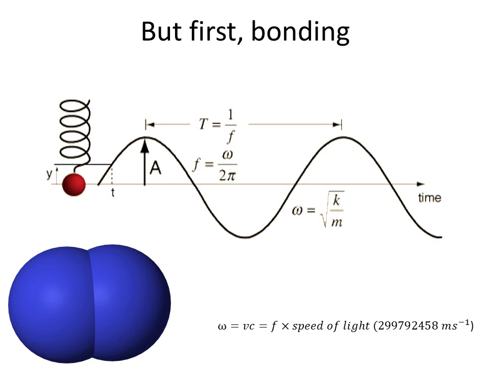Now, that waveform through time, that vibration, can be characterized in terms of a frequency. So the frequency f is the wave number divided by 2 pi. And actually, that wave number can be further described as a property of how that spring vibrates.